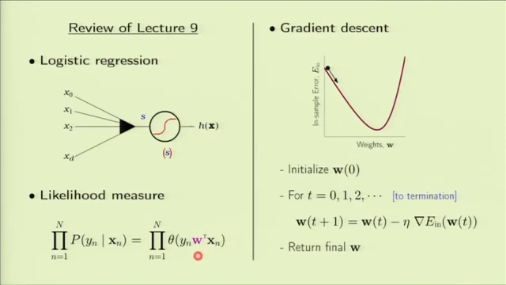And this makes us able to express the probability in terms of the parameters that define the hypothesis, which are the weights W. And therefore, we have this quantity that we want to maximize, and then we derived an error measure that very much parallels the error measures that we had before in terms of the in-sample error for logistic regression that we will minimize.